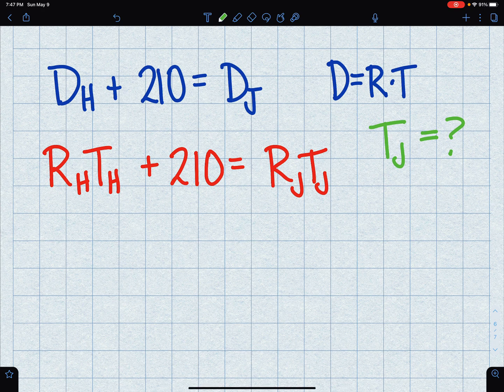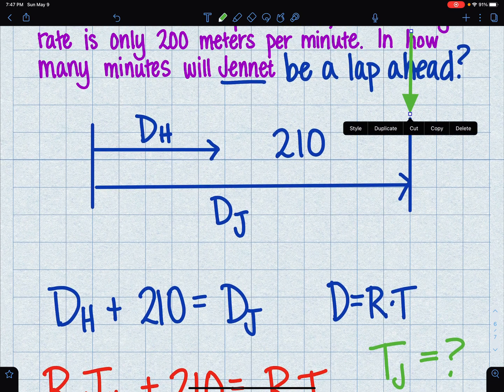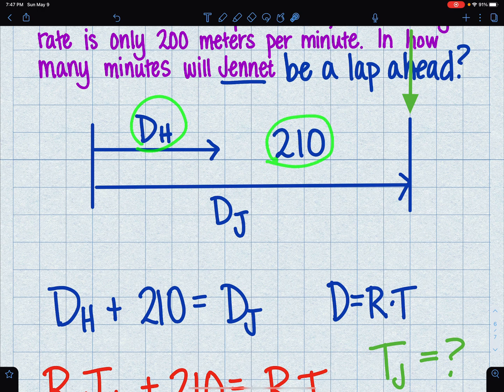Or you could think of it as time of Harry. In how many minutes will Jeanette be a full lap ahead? Yeah, they're actually going to be the same time. Because when will they be at this point? It's like he stopped here. And then when Jeanette finishes here, he's just still going to be sitting here, but the times are going to be the same.